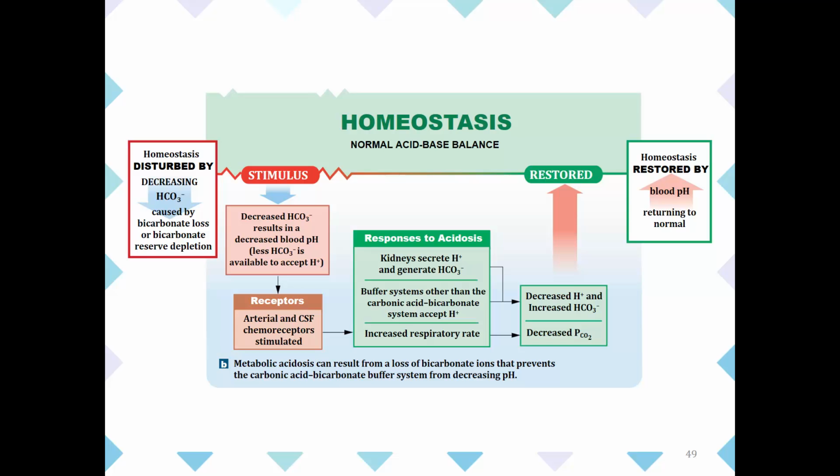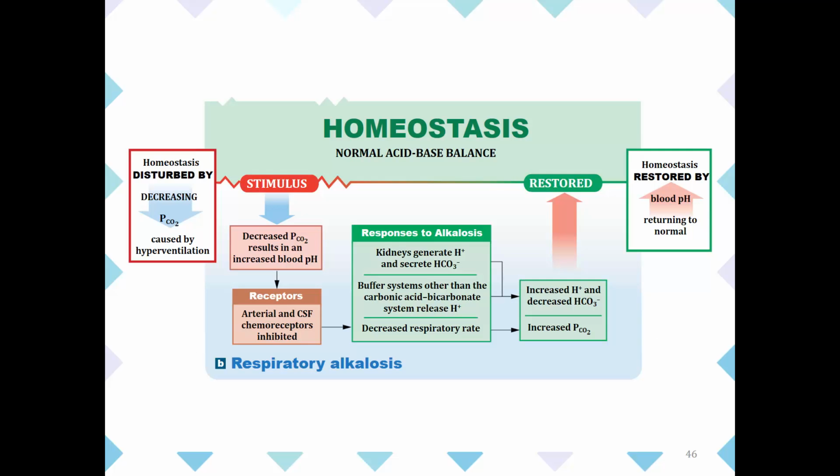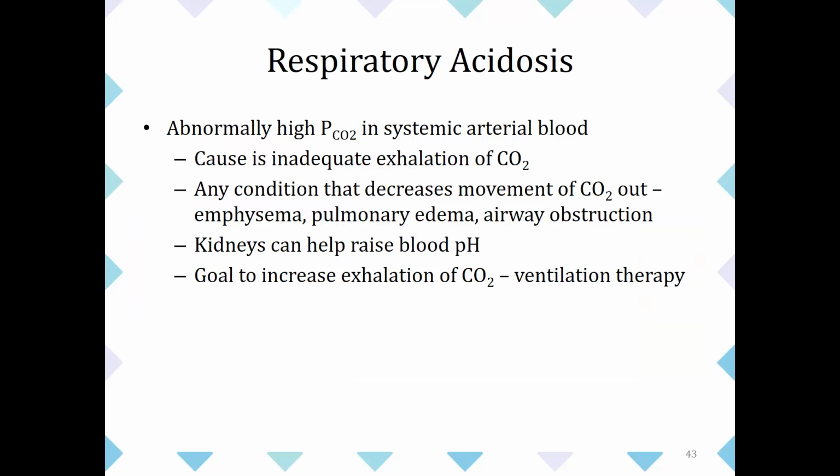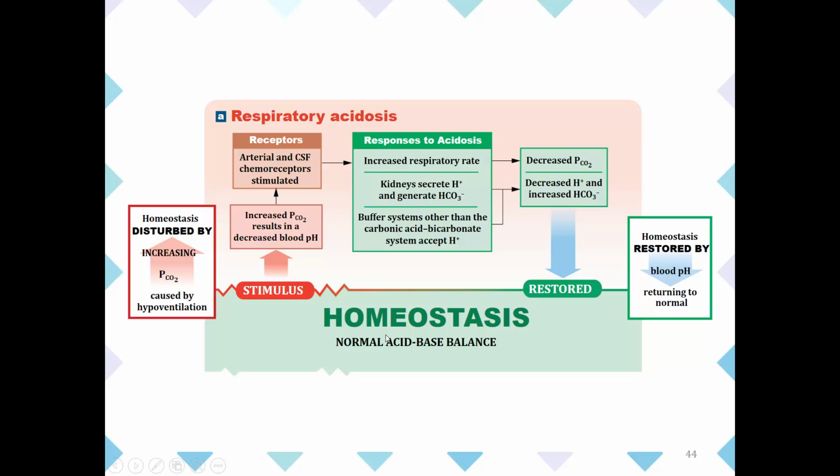So now we can look at the figures. Now that we've gone through our 4 basic types, we can look at what the figures are showing us. So normal acid-base balance is disturbed because we have too much CO2 caused by hypoventilation.